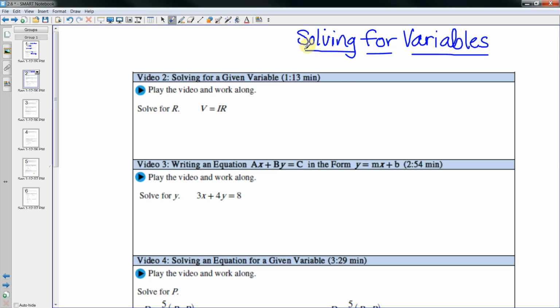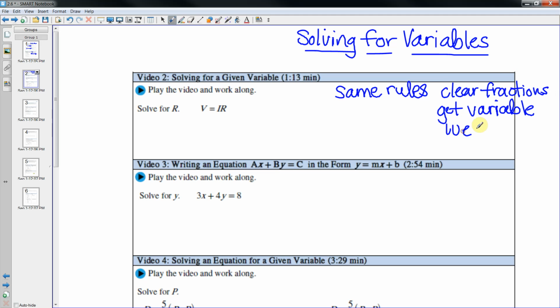So we're going to use the same rules as solving regular equations, meaning, you clear fractions if we need to clear any fractions. We are going to get the variable that we want by itself, okay?